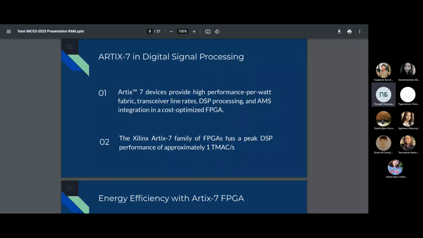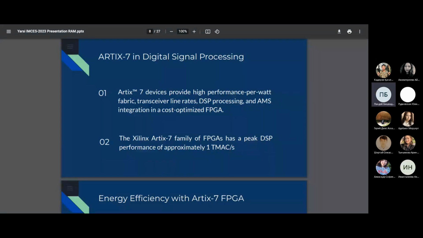Artix 7 devices provide high performance per watt, fabric, transceiver line rate, DSP performance, processing and integration in a cost optimized FPGA.